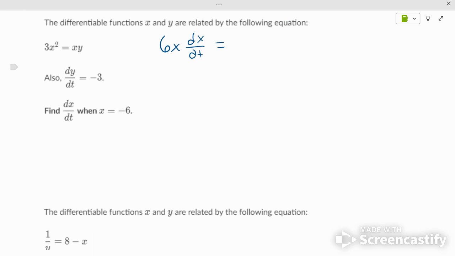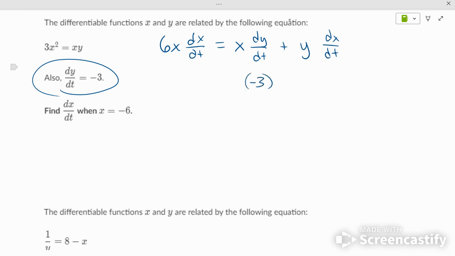equals, what do I have to do on the right side? Product rule. X times the first derivative of y, dy/dt, plus y times the first derivative of x, dx/dt. Now they tell you, well, dy/dt is -3. Okay, so I put a -3 in for dy/dt. Find dx/dt when x equals -6.